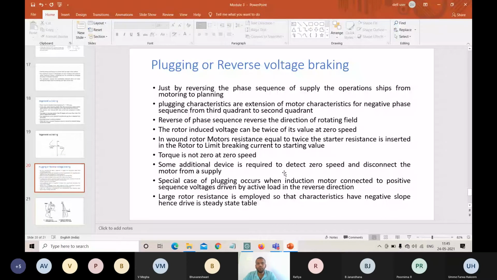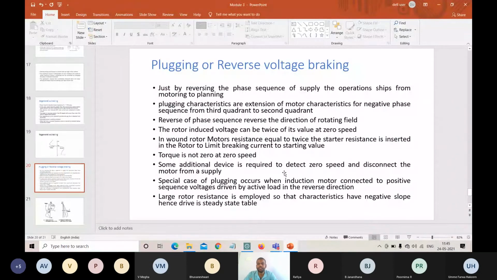And in wound rotor, there are two kinds of motors, squirrel cage motors and wound rotor motors. In the wound type motors, what happens? The resistance is equal to twice the starter resistance, which is inserted into the rotor.